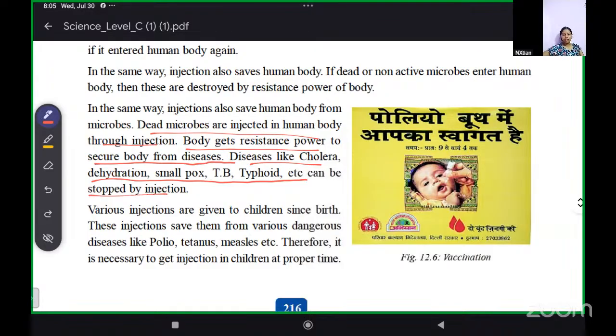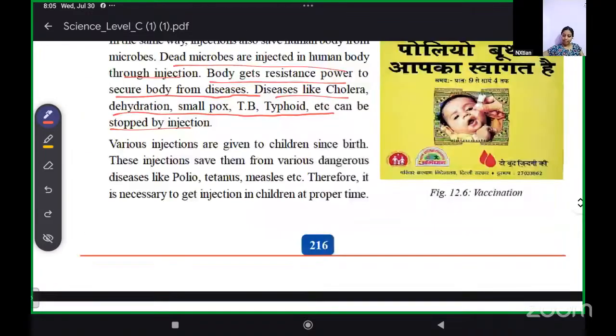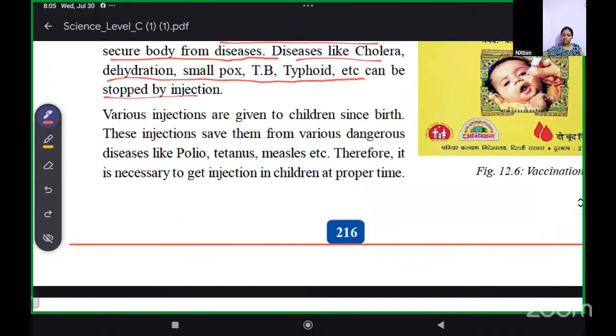Injections are given for all of these. Sometimes dead microbes are put into our body by an injection so that our body can get resistance power. Various injections are given to children since birth, like polio, tetanus, measles. They save us.